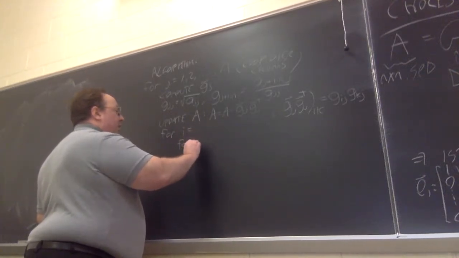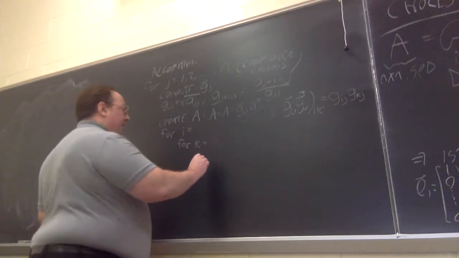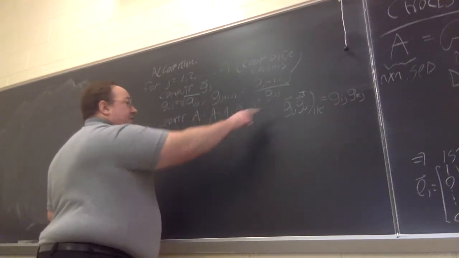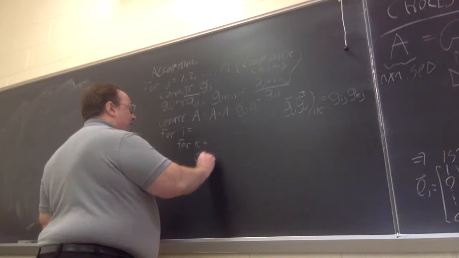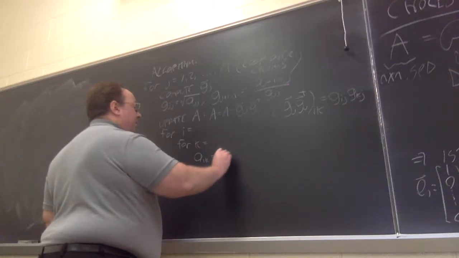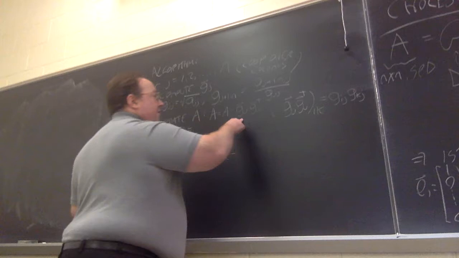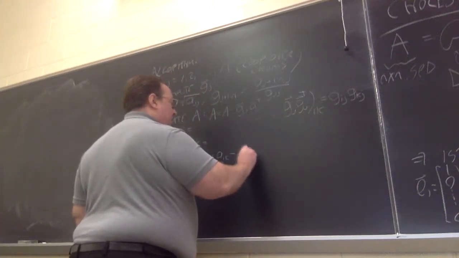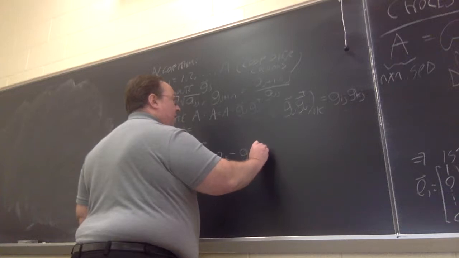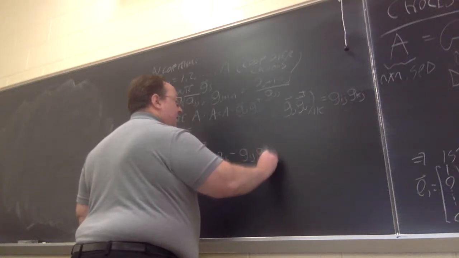I'm going to loop over rows, and I'm going to loop over columns, and I'm going to perform this update. Aik is equal to itself minus the ik entry of this, which I've written here, Gij, Gkj.